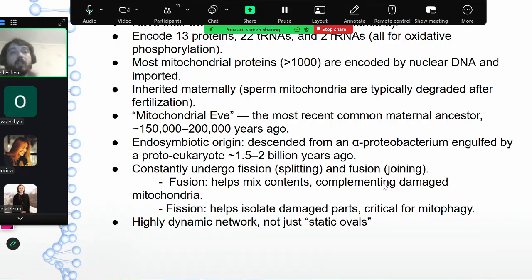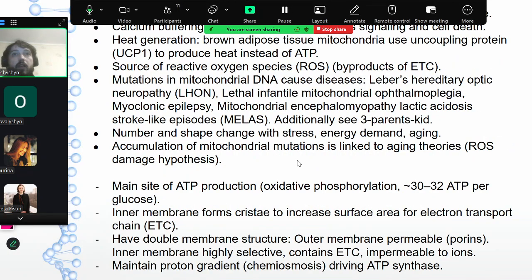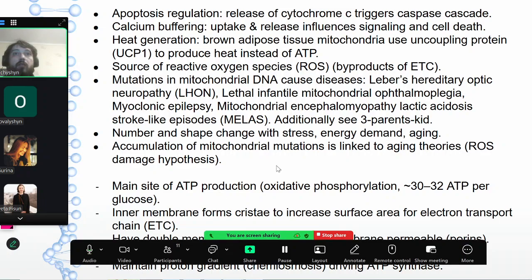One mitochondrion can split into two, and they can fuse. That fusion helps to mix content and complements some damaged mitochondria. Damage in mitochondria is really bad. If you have some sort of damage, that may be a really bad disease.